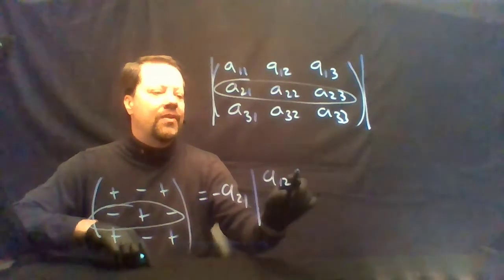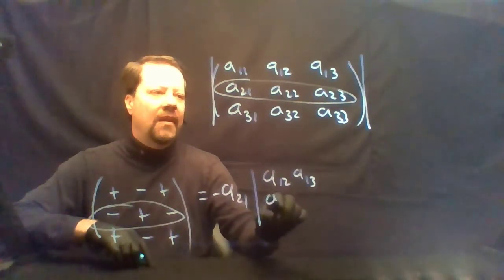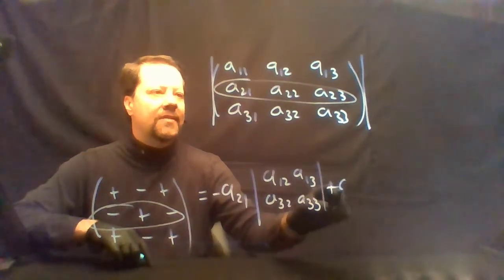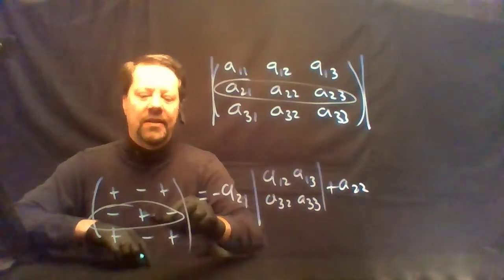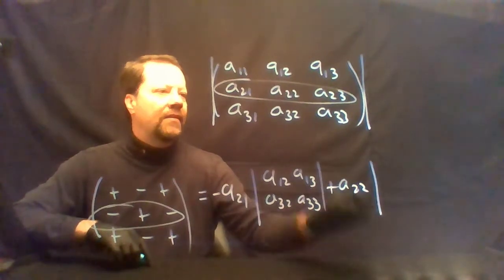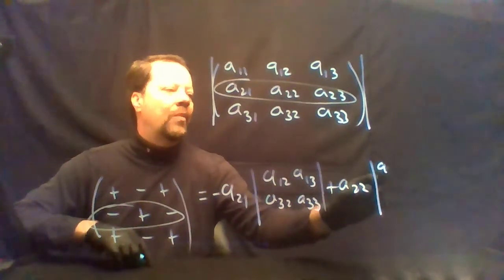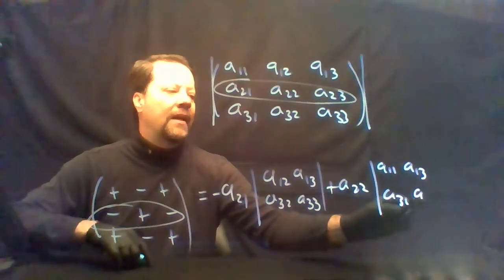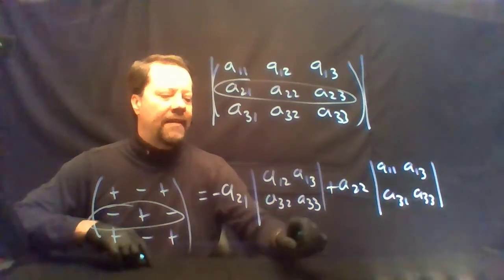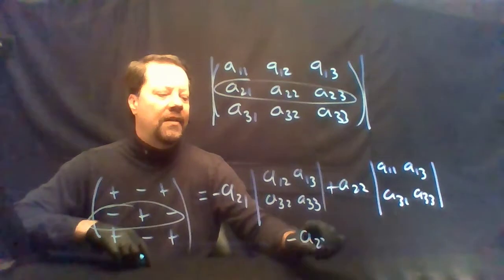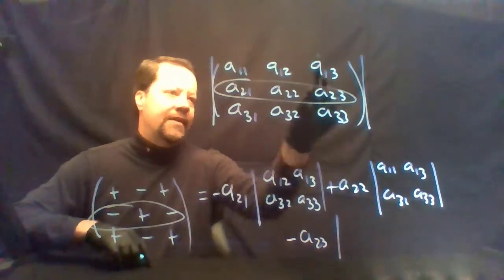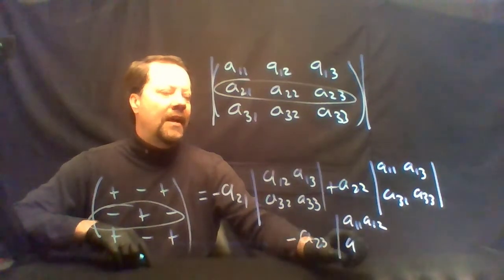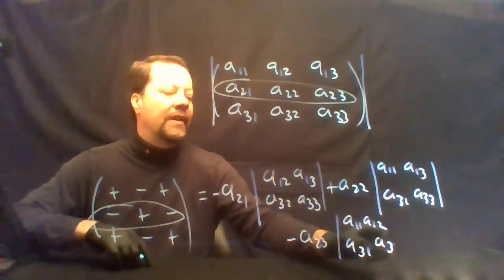That's A12, A13, A32, A33, and then plus A22, cross out its row and column, A11, A13, A31, A33, and then minus A23, cross out its row and column, A11, A12, A31, A32.